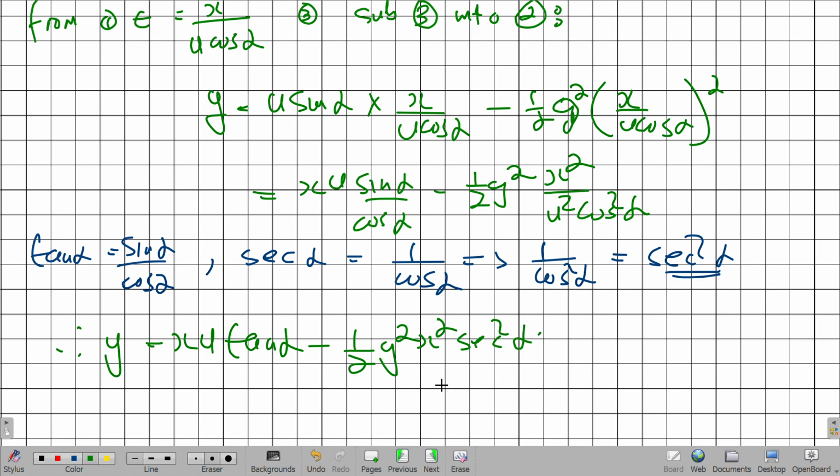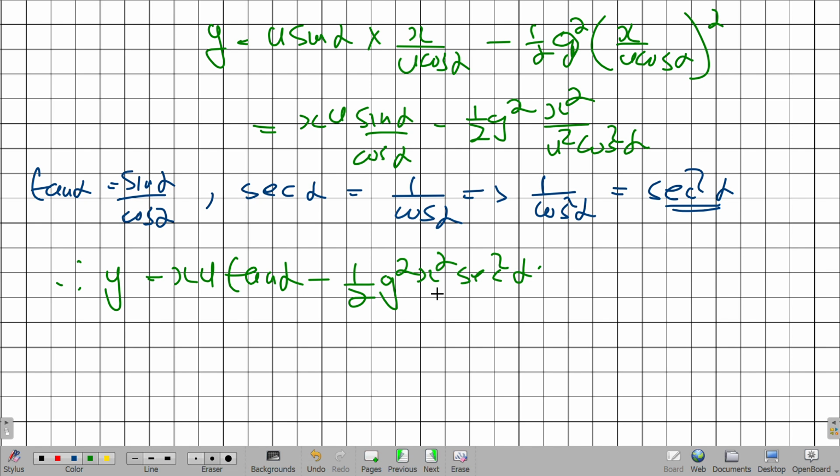So we are almost there now. How do we change sec squared alpha? You have to go back again to your trigonometric identities.